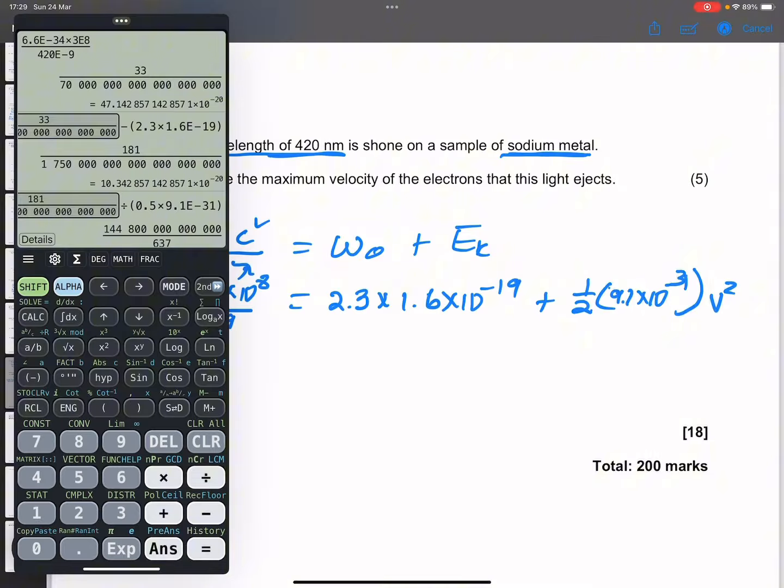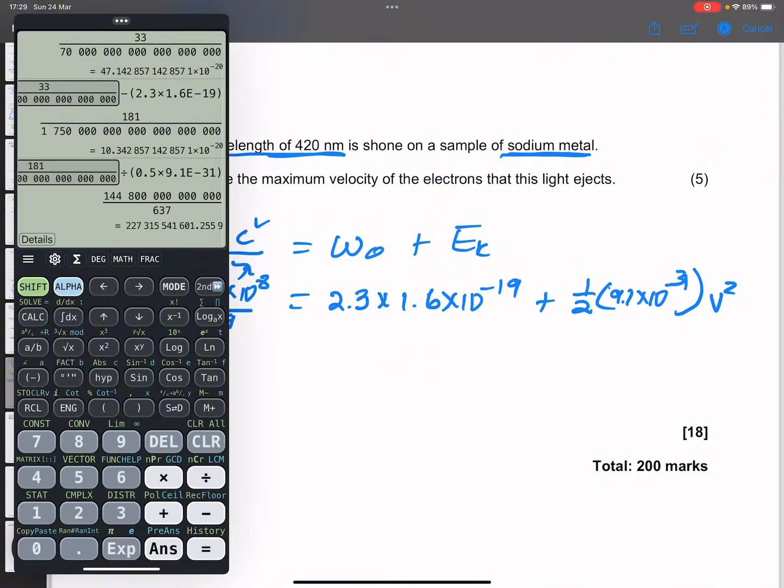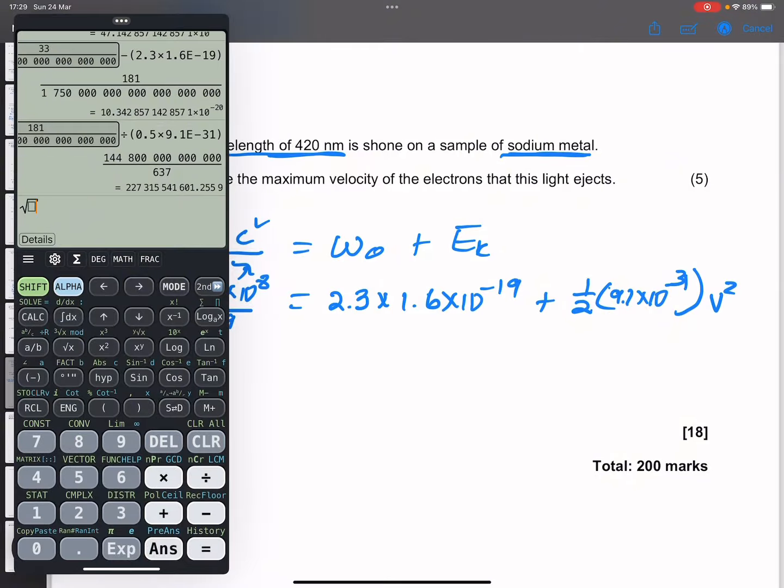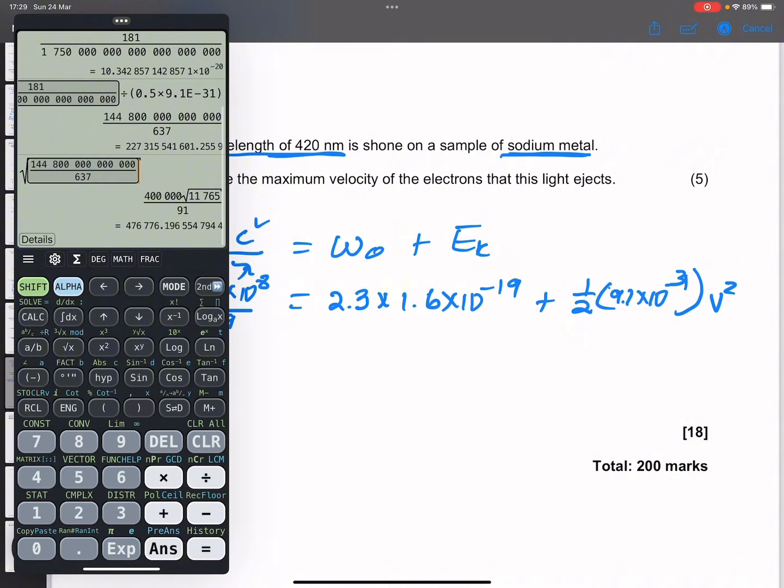Now we are going to take the square root of our answer. And what do we get? I get a big number there, 4.76. In fact, 4.77. So v is 4.77 times 10 exponent 5 meters per second.